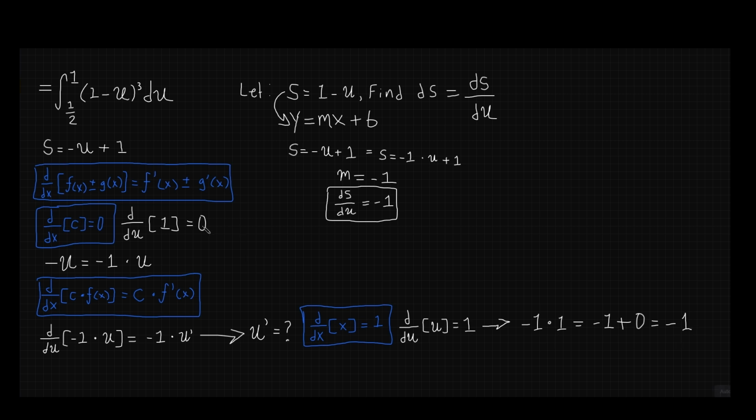So to reiterate, the derivative of this function here, -u plus 1, the answer is going to be -1, but we're not done yet. Okay, so now I'm going to clean this up.